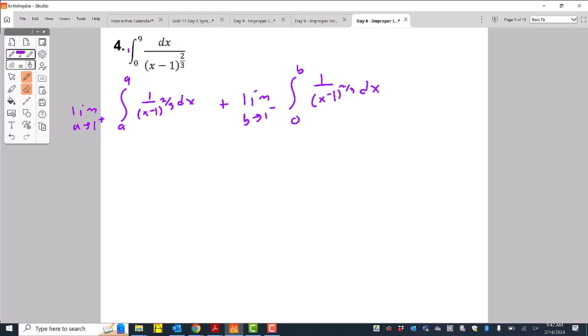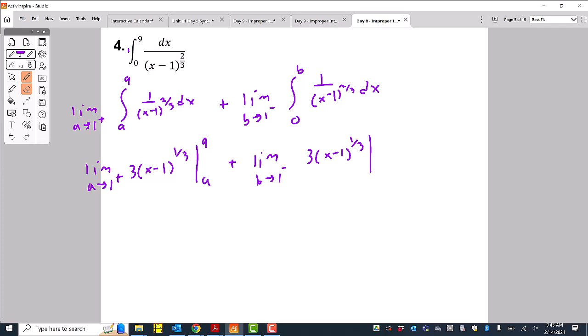So we have limit as a approaches 1 from the right, and this is going to be x minus 1 to the 1/3 divided by 1/3, so that's 3 times x minus 1 to the 1/3, from a to 9, plus the limit as b approaches 1 from the left of 3 times x minus 1 to the 1/3 from 0 to b.